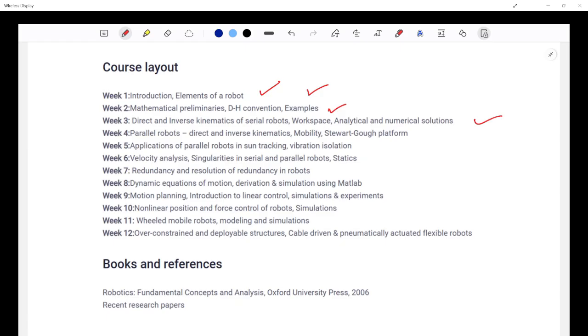There was a sun tracking robot, so it was made using a 3-DOF parallel manipulator. And then we also saw Stewart platform based force torque sensor. So after this we also did vibration isolation using a Stewart platform.